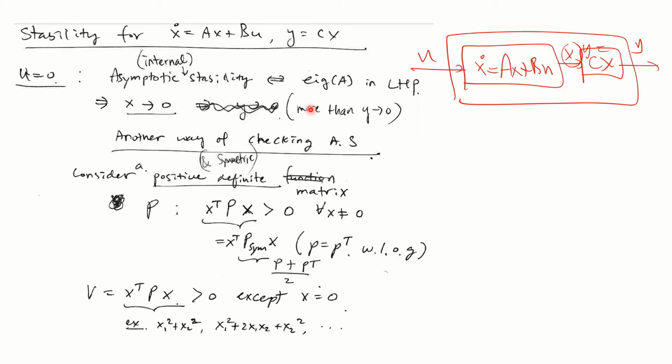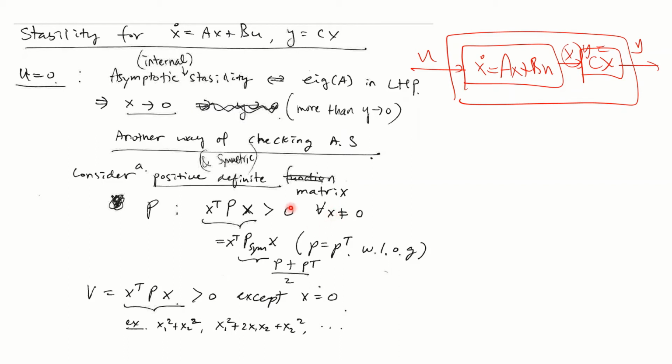Now let me introduce another way of checking asymptotic internal stability using a so-called positive definite matrix. So what is a positive definite matrix? A positive definite matrix P is such that x transpose P times x is greater than 0 for all non-zero x.